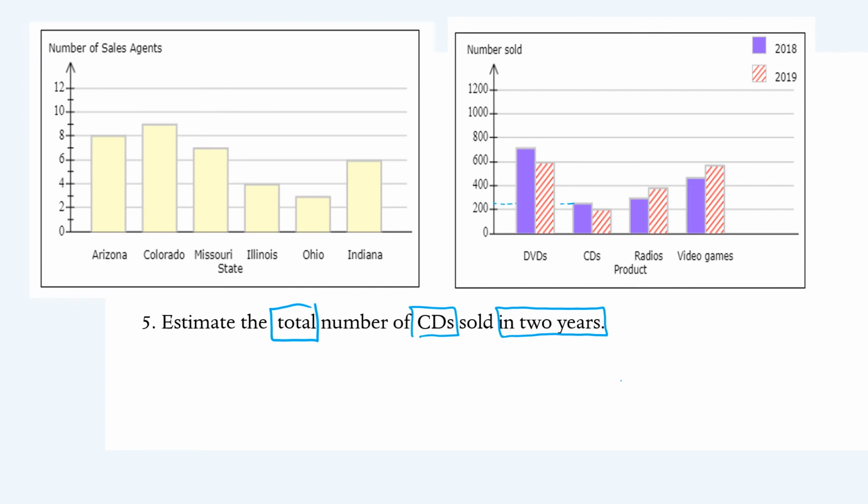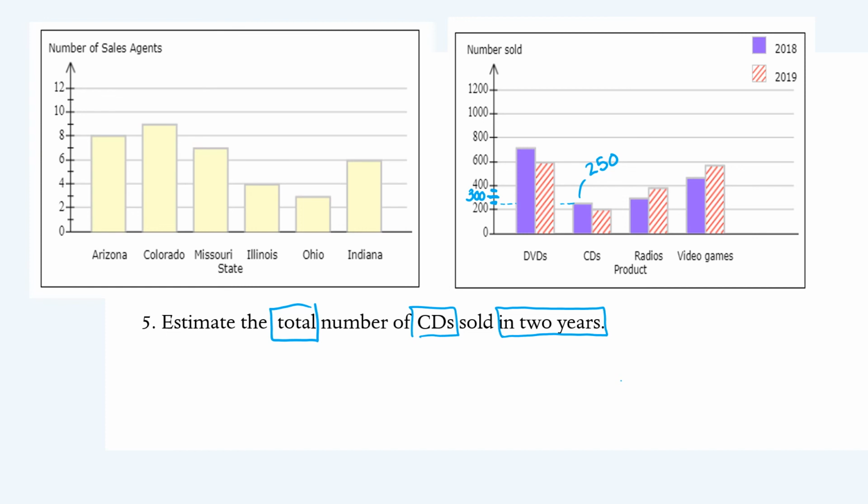But halfway between 200 and 400 would be 300. And then we can also look halfway between each of these numbers. It looks like CDs falls halfway between 200 and 300, which is about 250 units sold.